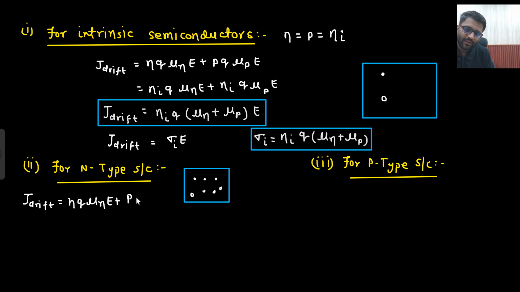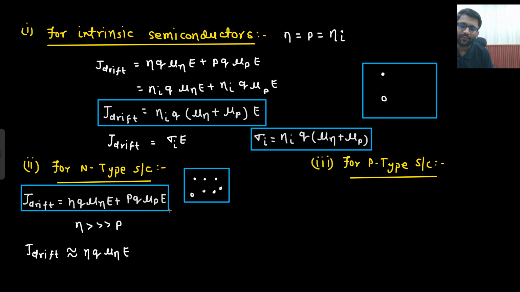So J drift is N Q mu N into E plus P Q mu P into E. And since the number of electrons is much larger than the number of holes, J drift will be approximately equal to N Q mu N into E. Although this is the full formula, this is the approximated formula.